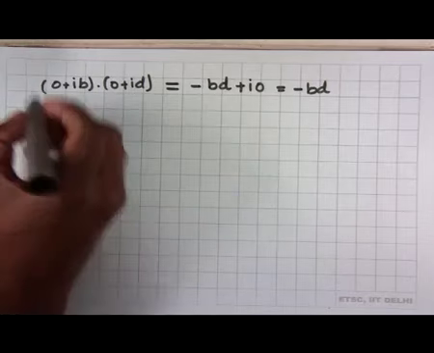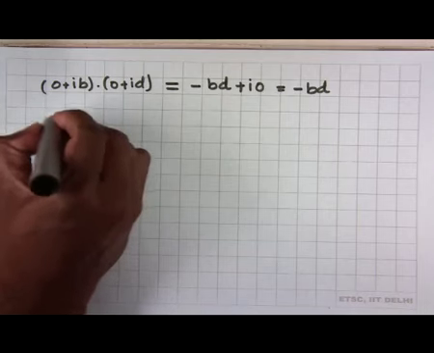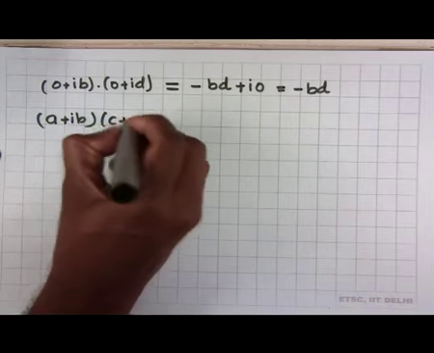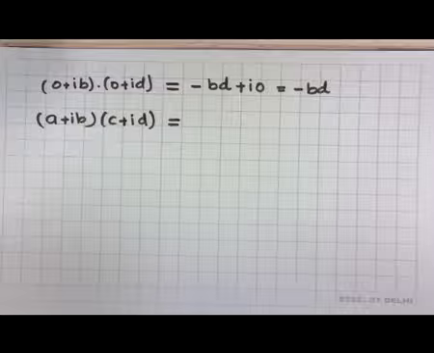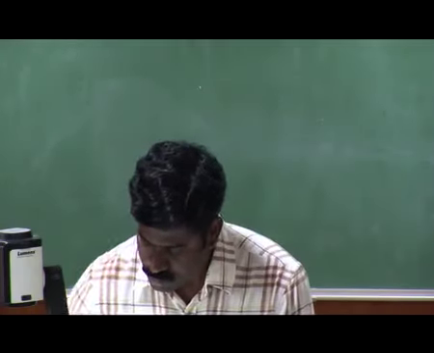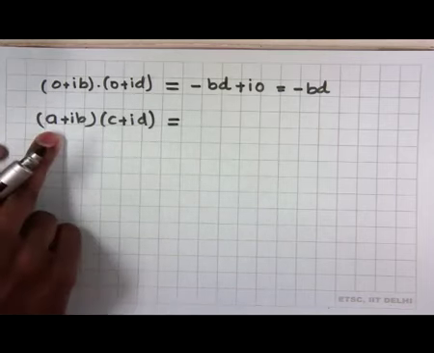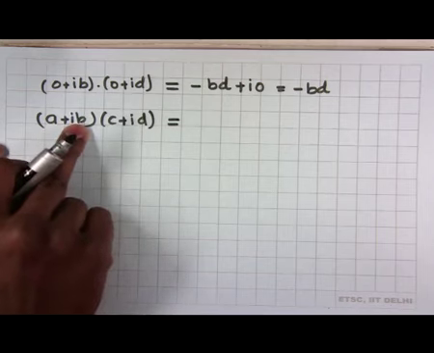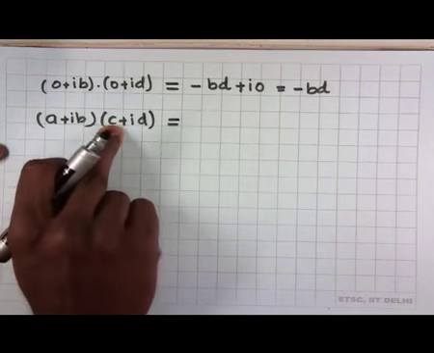And with this multiplication, what we can actually see is that a plus i b and c plus i d, I can do direct multiplication now. How do I define the product? Here a is a complex number carrying only the real part, and i b is a purely imaginary number, and similarly c is another complex number with the imaginary part 0.